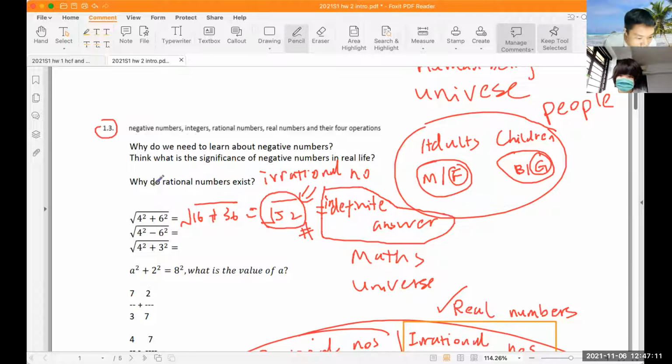Good. For the second one, you will get an error. You know why? Because you square root negative 20. When you square root a negative number, you will get a math error. You can test square root of negative 1, square root of negative 12. All are math errors. You test.